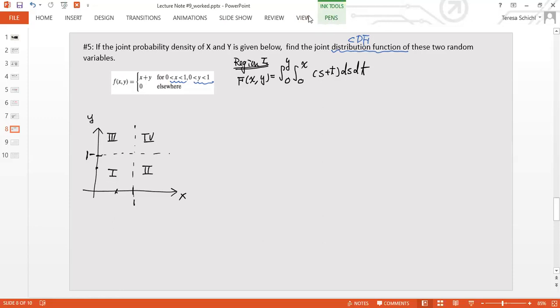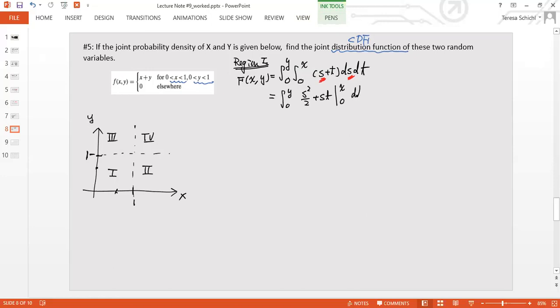Now if you take the integration, I assume you know how to do this integration, right? So we can do it one more time. Here S is the variable, so your integration will be 2 to the S squared plus S T, then you put in 0 and X, right?